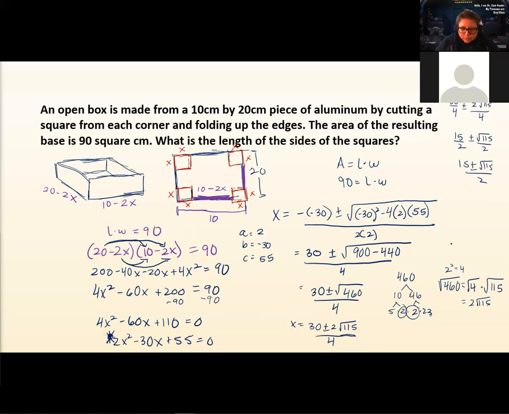Now, this has 2 possible answers. We're talking about a box, and it's very possible that one of these answers doesn't work. So we test it. We test 15 plus square root of 115 over 2 and 15 minus the square root of 115 over 2.